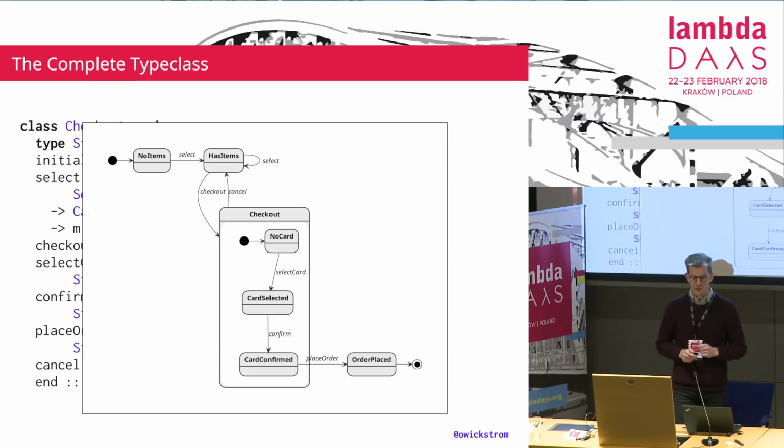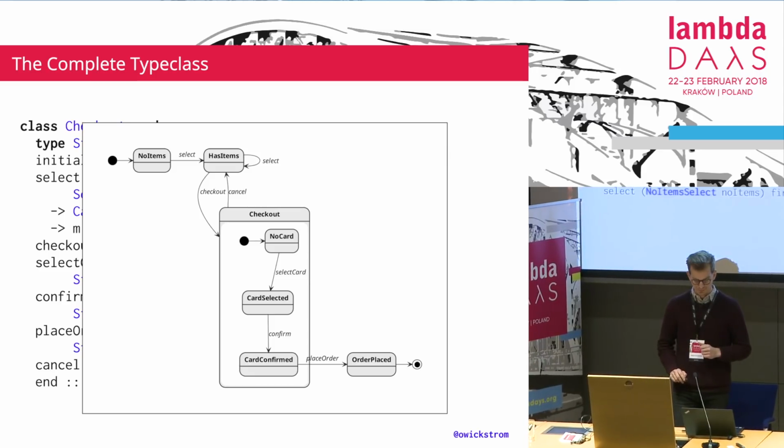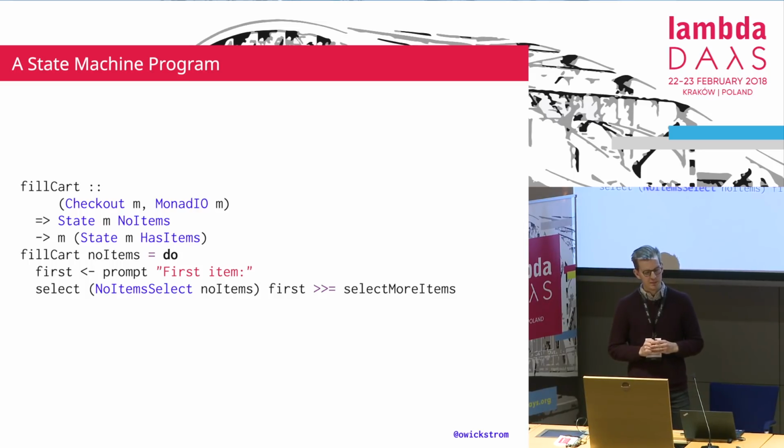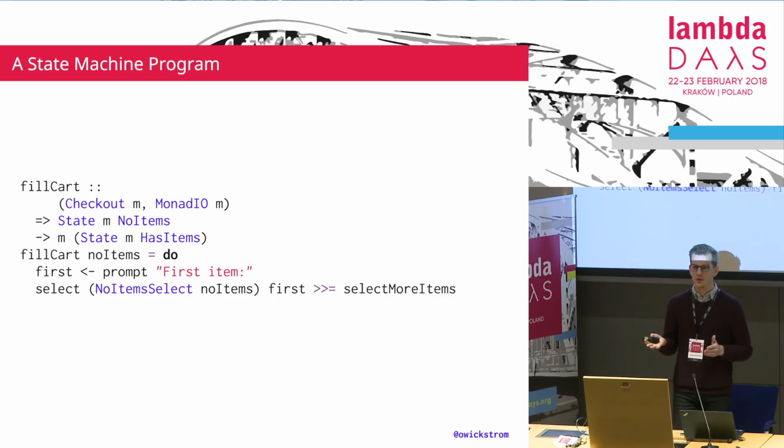So let's write the program using our type class instead. fillCart constrains m to be a monad with checkout and I/O operations. I should point out that I'm using I/O directly in this part of the program just to drive it, to get user input and to make some progress. You could abstract that away to make it more testable. I haven't done this here just to keep the complexity down a bit.